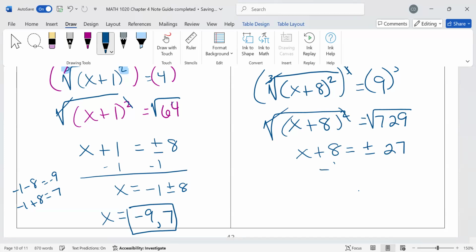From here, I need to solve for x. Get it by itself, so we move the 8. So we have -8 plus or minus 27.